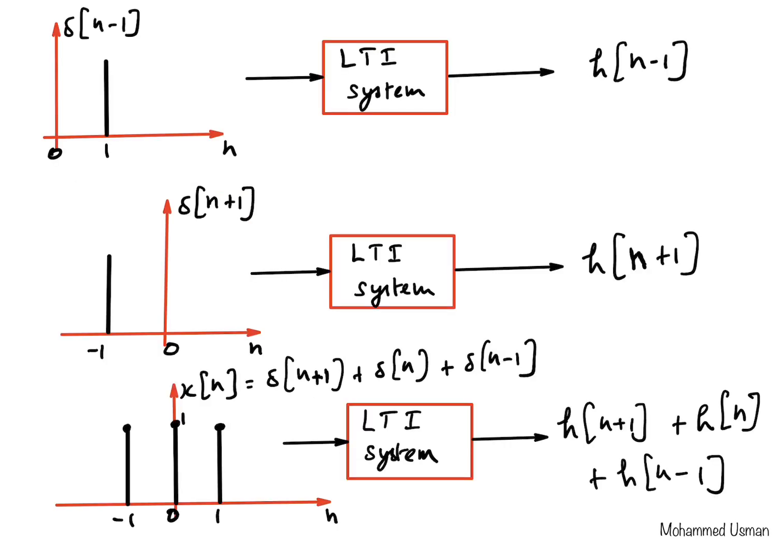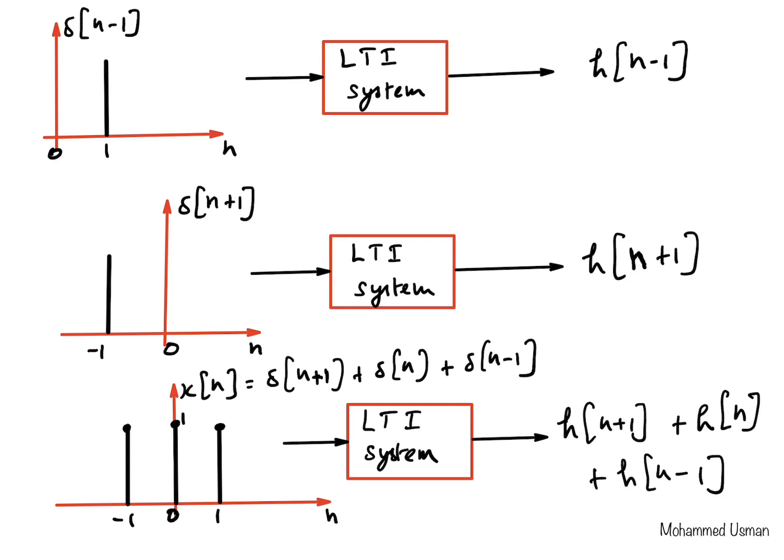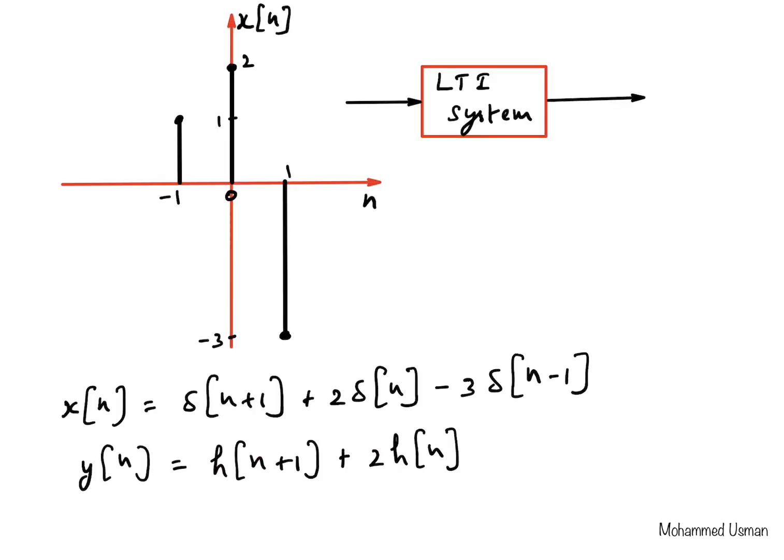And when the input is delta of n minus 1, the output is h of n minus 1. Now this delta of n minus 1 is scaled by minus 3, so the corresponding output h of n minus 1 is also going to be scaled by that same factor, minus 3. So it will be minus 3 times h of n minus 1.